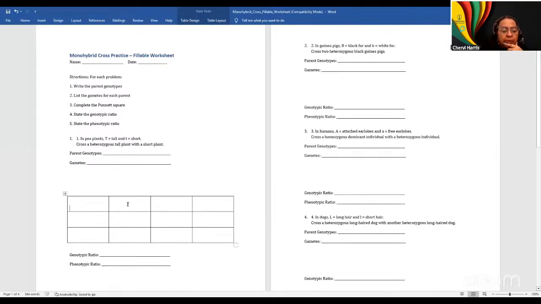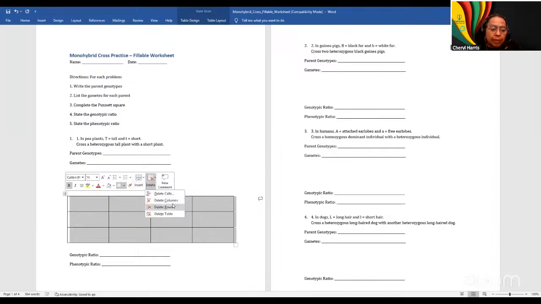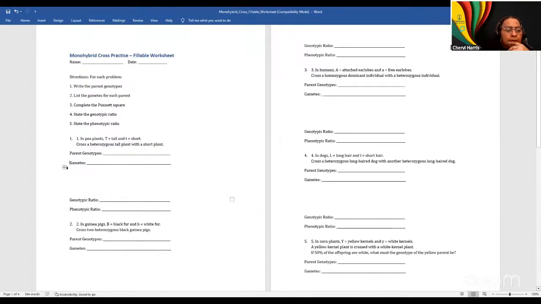So up here, I can put, and I got too many columns now. So let me, okay, I'm gonna delete the whole thing and start again. Delete. You want to delete a column. Oops. Okay. All right.